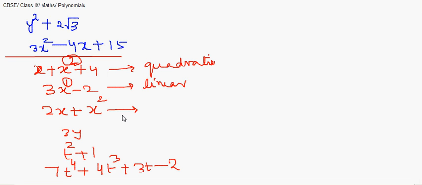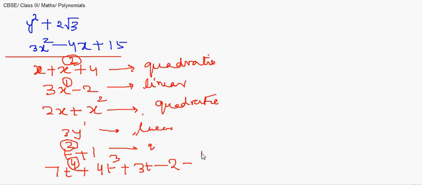Here this is also a quadratic polynomial, because the maximum power is 2. This one, as y has power 1, is again a linear one. This is again quadratic because the maximum power is 2. Here the power is 4, so the last one is a biquadratic polynomial.